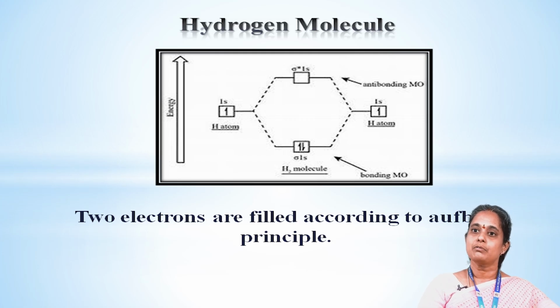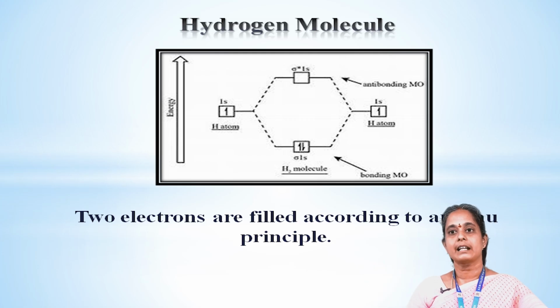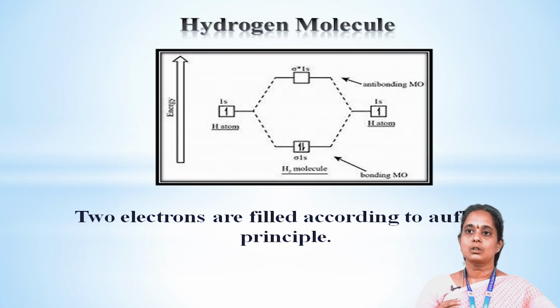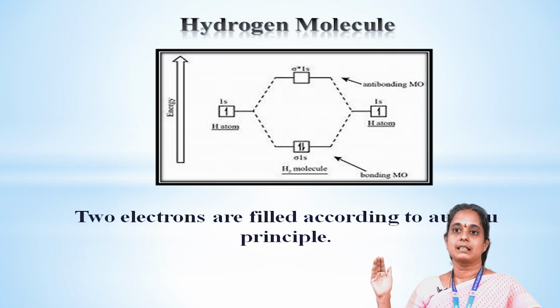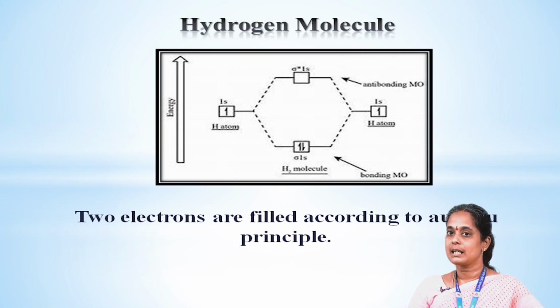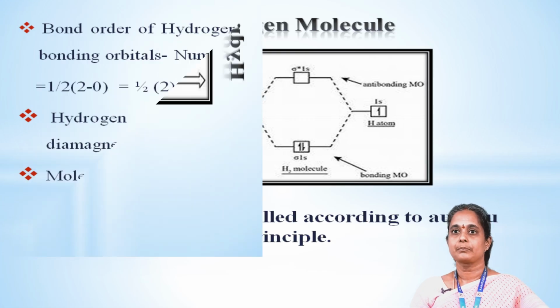The other type of molecular orbitals corresponds to a higher energy state. The electron density of such molecular orbitals is maximum at the ends. This is known as the antibonding molecular orbital, denoted by an asterisk mark.